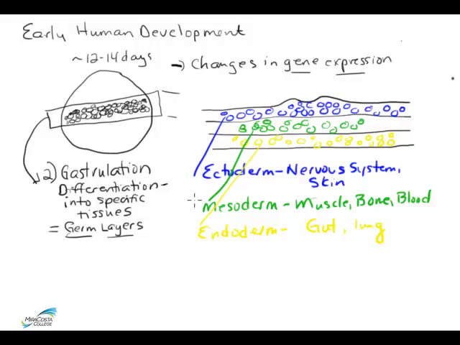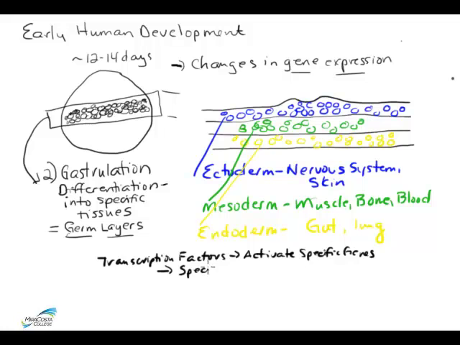What happens during this process of gastrulation is that these cells start to express different transcription factors, and those transcription factors turn on specific genes, and these specific genes ultimately lead to the development of specific cell types that are going to be part of tissues and ultimately organs and organ systems, as we know, making up the fully formed human organism.